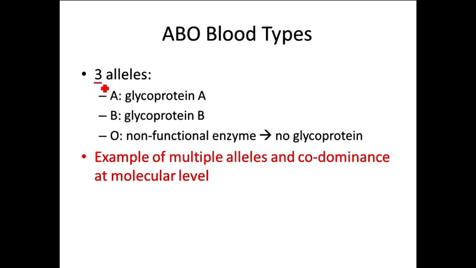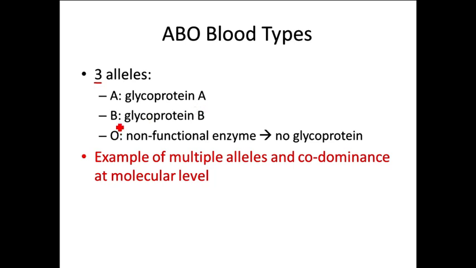All right, so for this one gene that makes the enzyme that makes the glycoprotein, there are three alleles. Okay, there's the A allele that makes glycoprotein A, so version A. It's the protein with a particular carbohydrate attached to it.